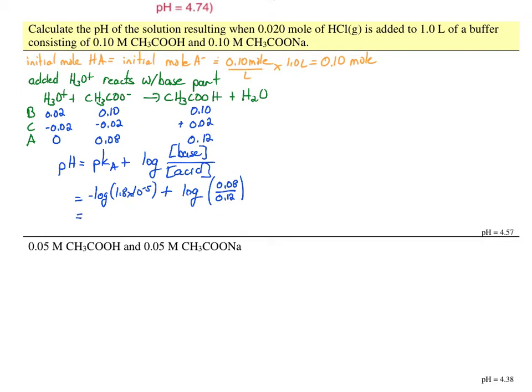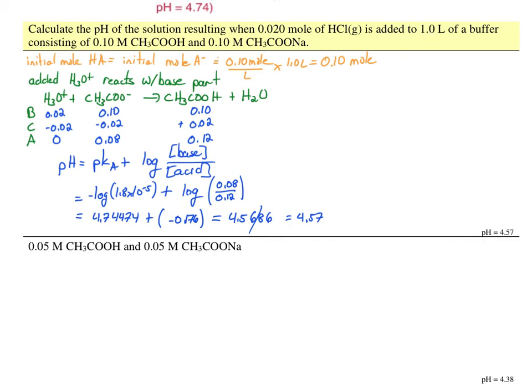When we put these numbers into our calculator, we get 4.74474, and this is going to be a negative 0.176. So the pH of our new solution is 4.5686. And with 2 sig figs, 4.57.